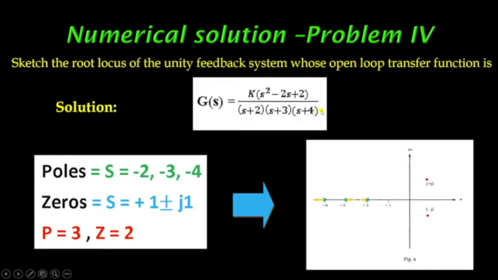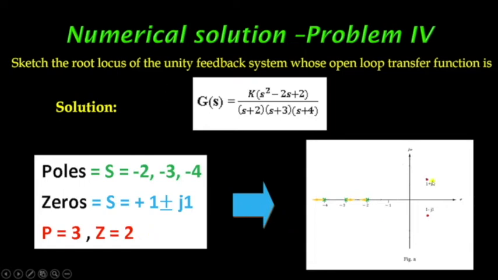If the denominator equals 0, then the poles are -2, -3, -4, so the number of poles is 3. If the numerator equals 0, that is s squared minus 2s plus 2 equals 0, then we get two complex roots, plus 1 plus or minus j1. So the number of zeros is 2.